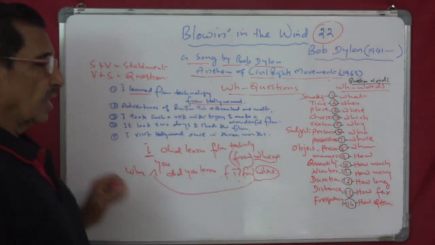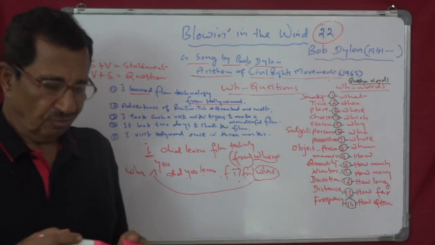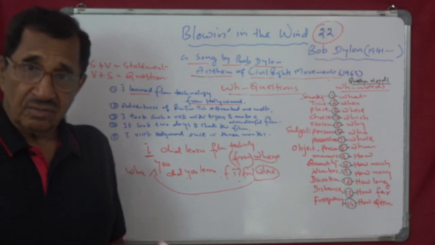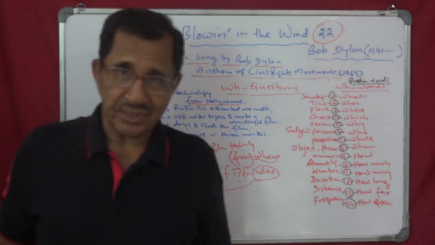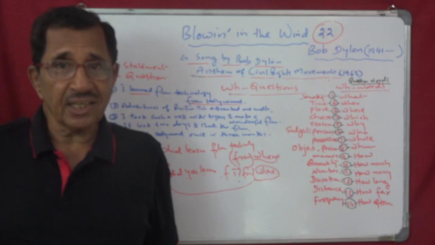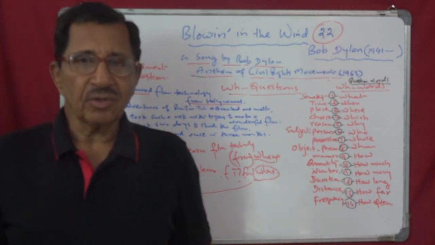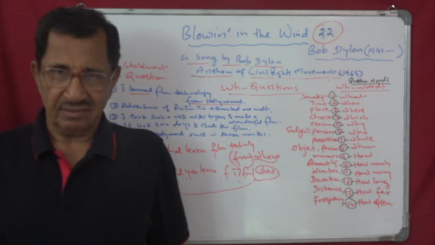Question mark. Where did you learn film technology? Or if you want to be more explicit, clear, from where did you learn film technology? Even where did you learn film technology is right.